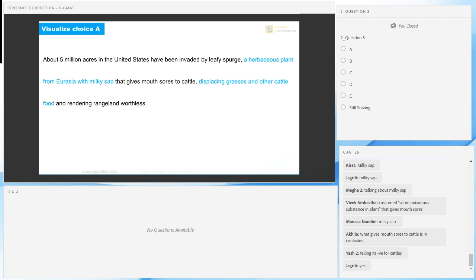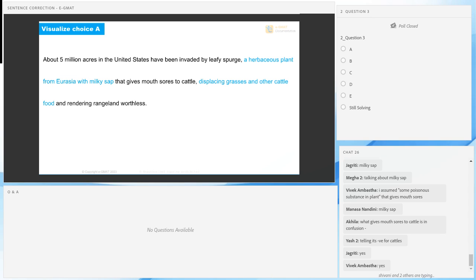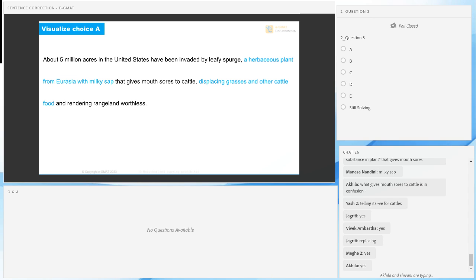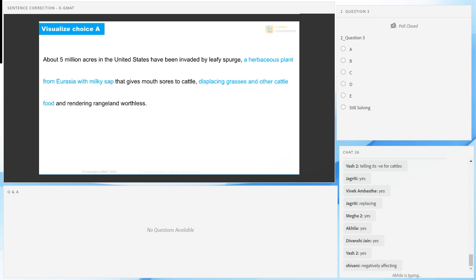Displacing grasses and other cattle food. Now this is important. Displacing grasses and other cattle food. Now what do you make of the word displacing? What is it doing? Is it somehow linked with invaded? Yes, we already knew that this leafy spurge has attacked, right? Now this leafy spurge has displaced grasses.